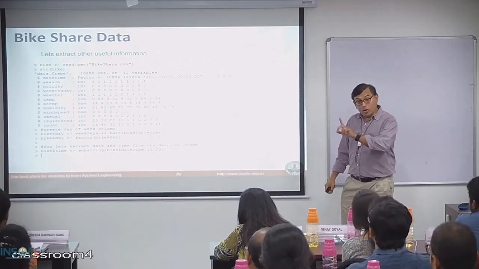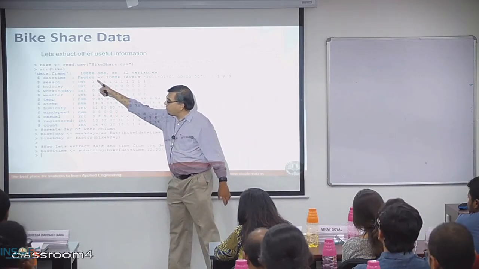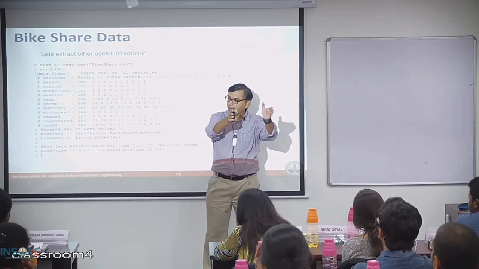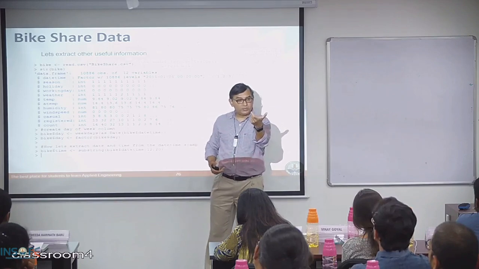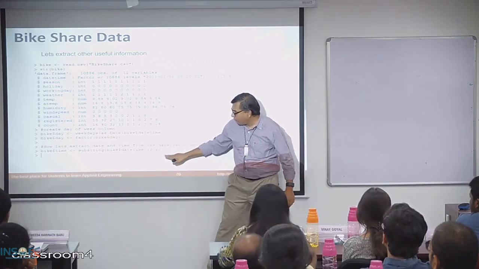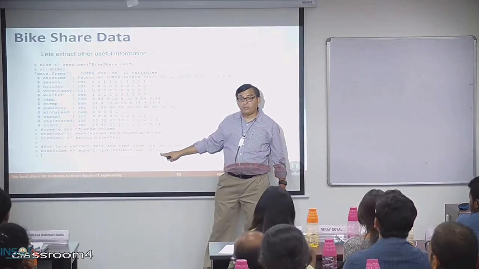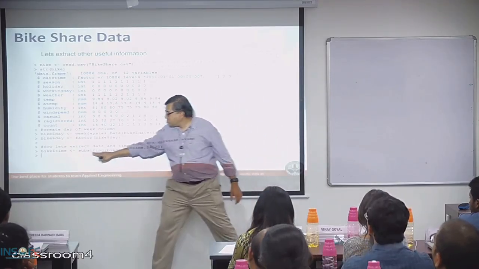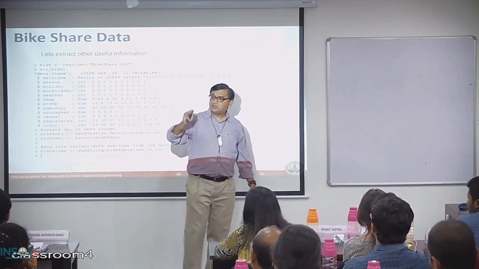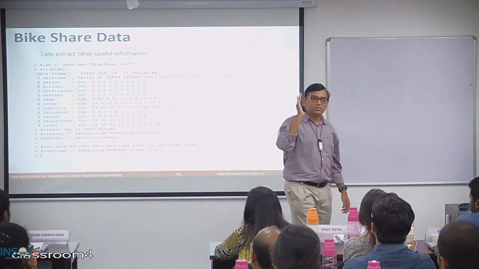I can also do one more. From this string, it's got the date and the hour. I can go ahead and extract from that string the hour number. That's what I've done. I've extracted the hour number from there and I'm sending it to time. Is this an analog variable or a categorical variable?